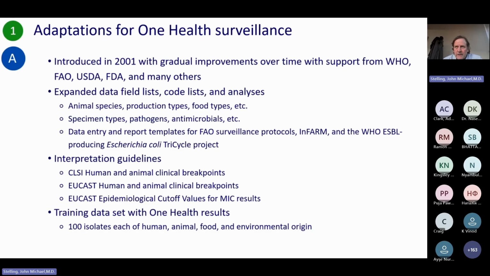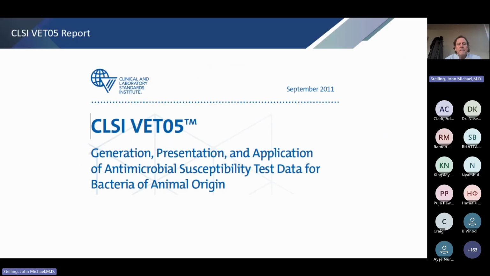Diseased humans, healthy animals, and food from the market. We then later added 100 isolates of water from an unrelated, completely different country, E. coli Tricycle project. That project, of course, has a lot of ESBL producers. So we do give you a database to play around with, and I'll show that database today.